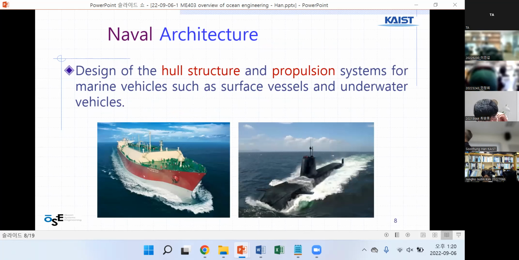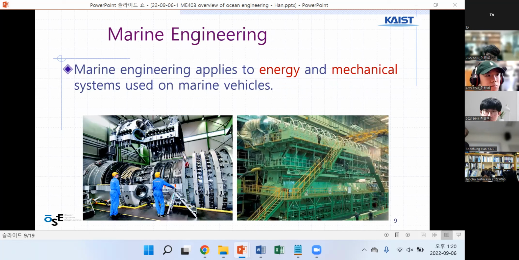There is a hull structure, propulsion system, the engine and propeller, surface vessels, and underwater submarines. Marine engineering is usually talking about the engine itself of the ship and nearby ones, so energy and mechanical systems used on marine vehicles.